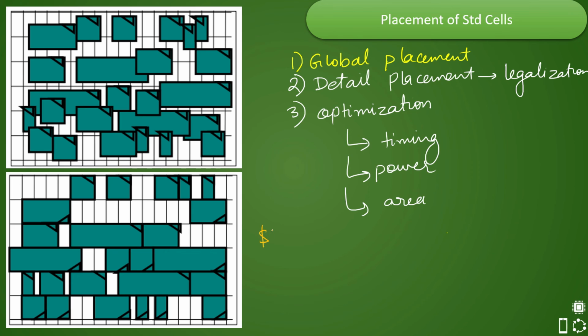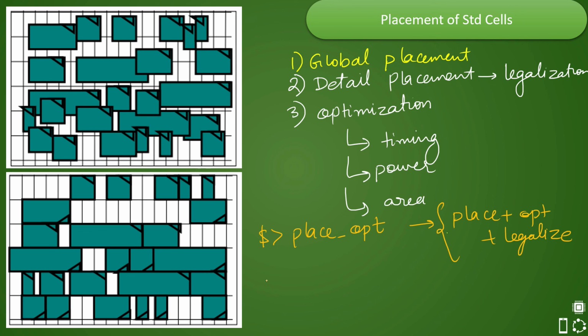The command in the Synopsys tool for placement is place_opt. The place_opt command will do the optimization based on your timing, power and area, and before that it will also do the placement. So placement plus optimization plus legalization, everything put together in a single command, is your place_opt command.